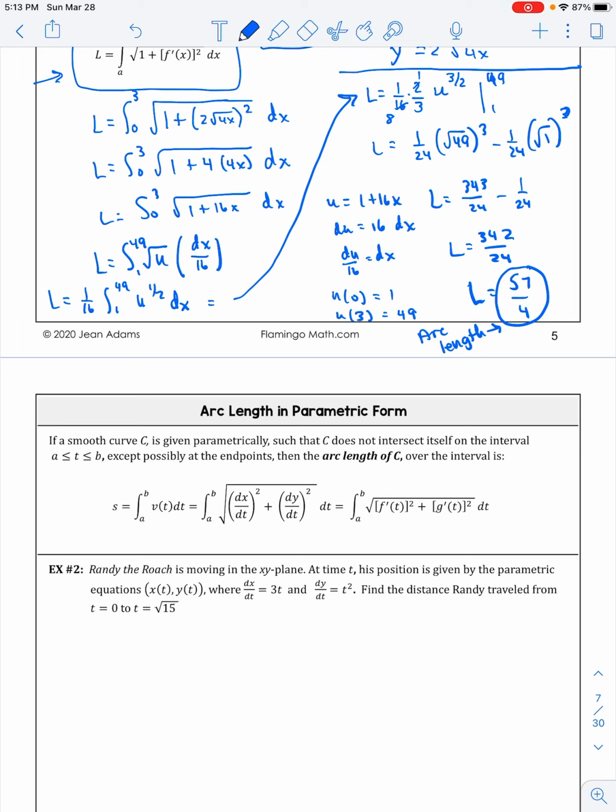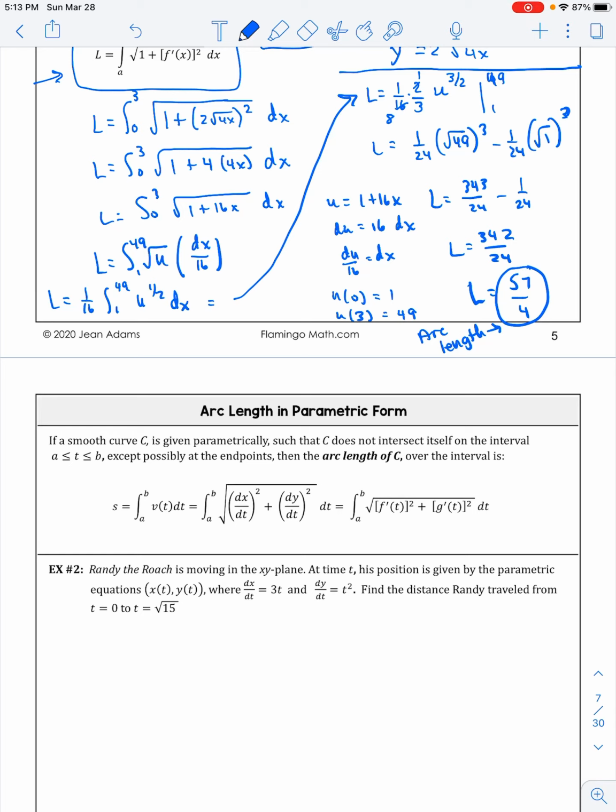If a smooth curve C is given parametrically such that C does not intersect itself on the interval between A and B, except possibly at the endpoints, then the arc length of C over the interval, and we usually call arc length S, is S equal to the integral from A to B of v of t dt, which is the integral from A to B of the square root of (dx/dt) squared plus (dy/dt) squared dt.